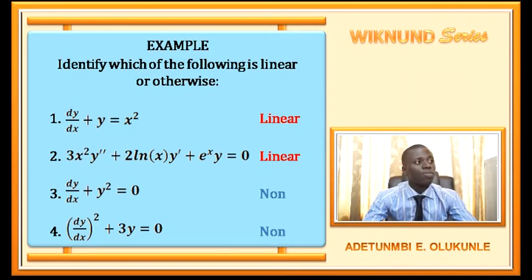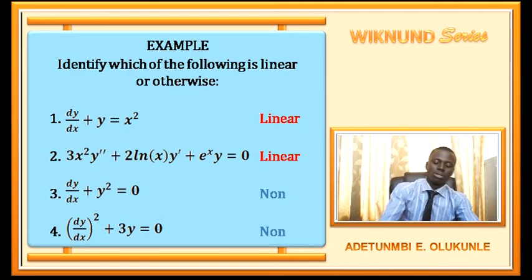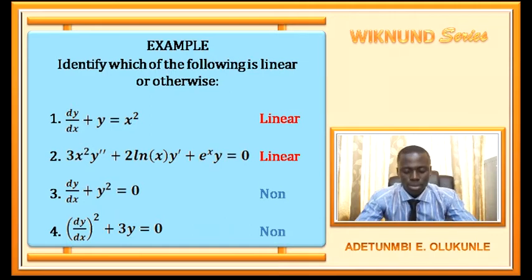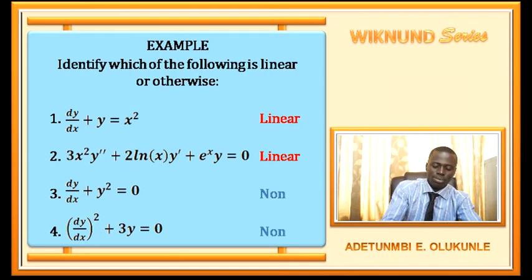So since the first condition is violated, you can conclude it is non-linear. You do not have to check the third once one is violated. Number 4, dy/dx all squared plus 3y equals 0. Now you can see that the dependent variable is of the first degree, but the derivative is not. So the first condition is violated. This is non-linear.